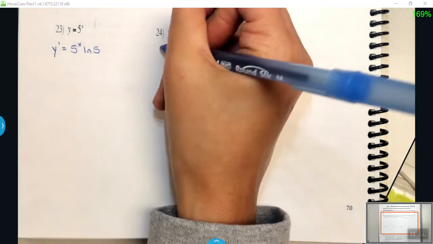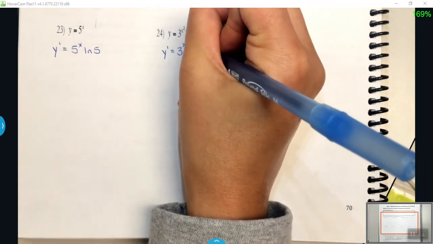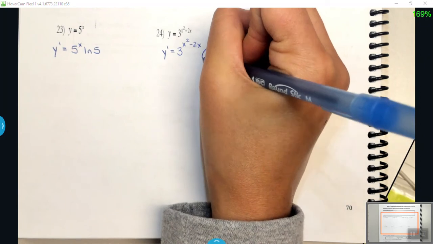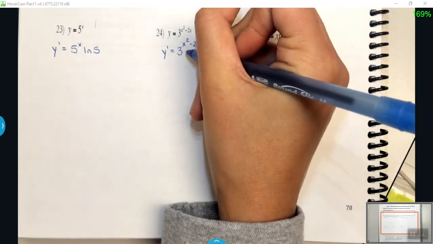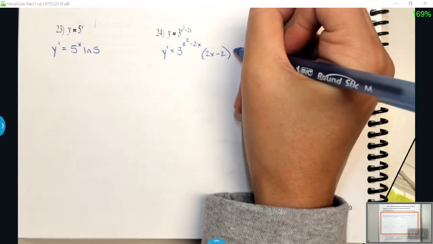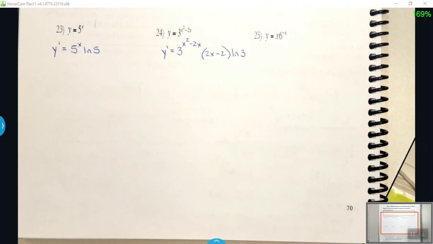So for 24 will be 3 to the x squared minus 2x times 2x minus 2, and then times the derivative, times natural log 3. Do you get that? Or no? Yes?